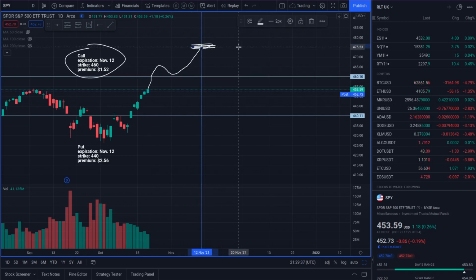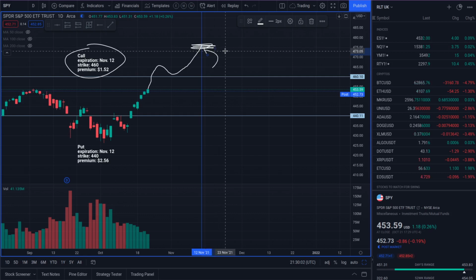If at the expiration date you are still holding this call option, you can literally just exercise your right to buy 100 shares of SPY down here at 460. That's the definition of the call contract. Then once you buy 100 shares, you can directly sell to the market at a higher price.